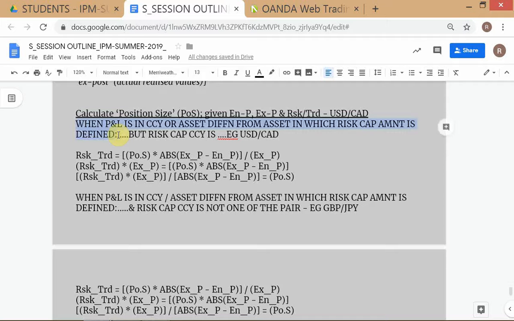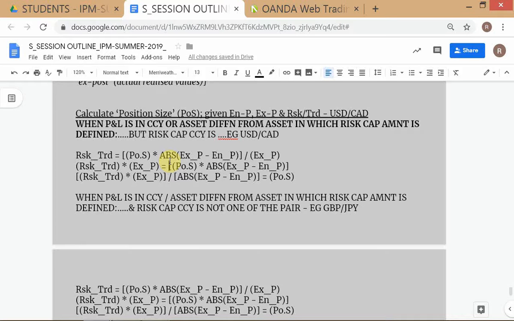If you are being given money to manage in Japan, if you're living in Tokyo, Japanese investors giving you money to invest in Japanese equities, that risk capital amount is going to be defined in yen. But if the same Japanese investor has given you a risk capital amount defined in yen, and then told you to manage US equities, you're trading in shares of Microsoft, Amazon, Facebook, etc. Now there your P&L is being generated in dollars, but your risk capital is in yen.